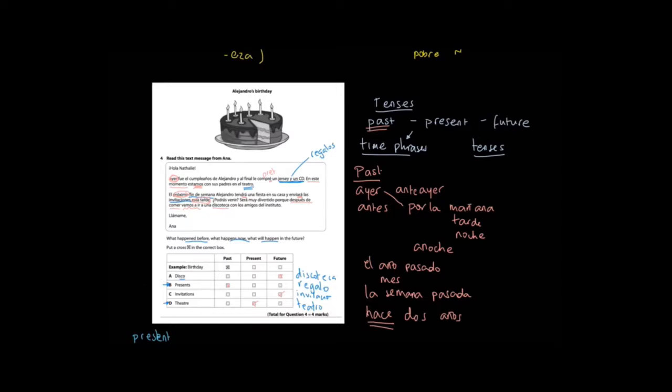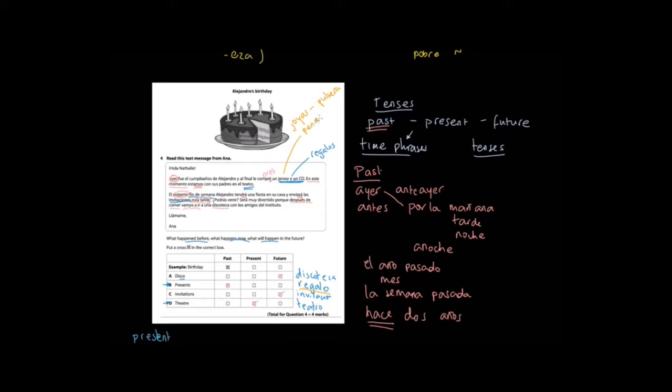Some little reminders I wanted to give you in terms of vocabulary, okay? When it comes to presents, remember the word regalo. And also remind yourself of common presents. Presents come up a lot in exams, okay? So things like joyas, jewelry, okay? Pulsera, a bracelet.